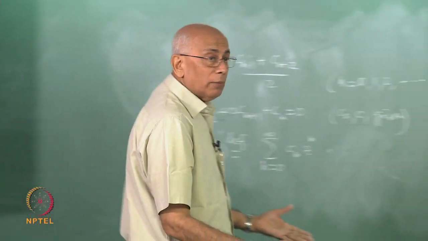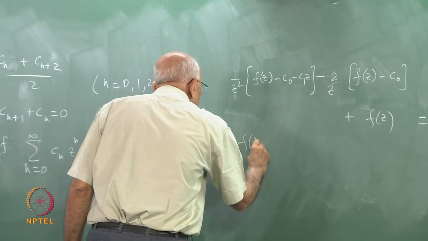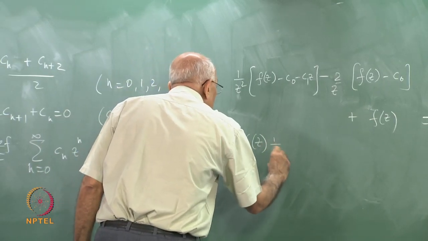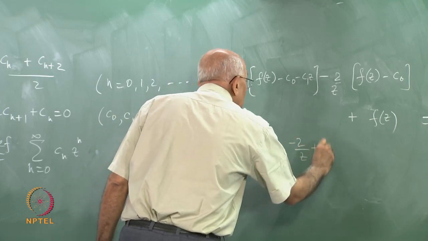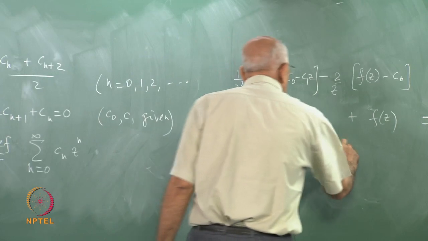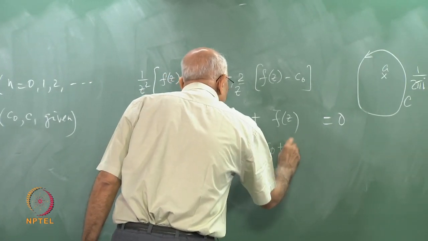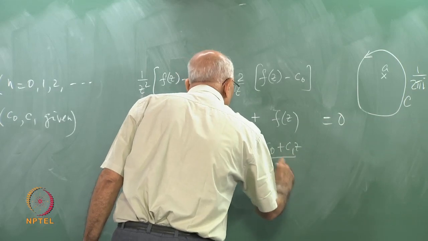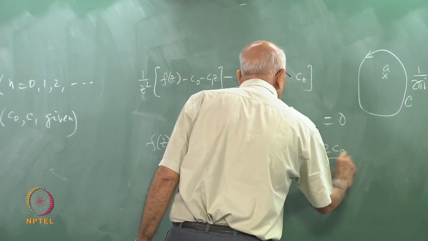So this gives you what f of z is. You can solve for f of z and you get f of z times 1 over z squared minus 2 over z plus 1, and that is equal to, on the right hand side, C naught plus C1 z over z squared minus 2 C naught over z.